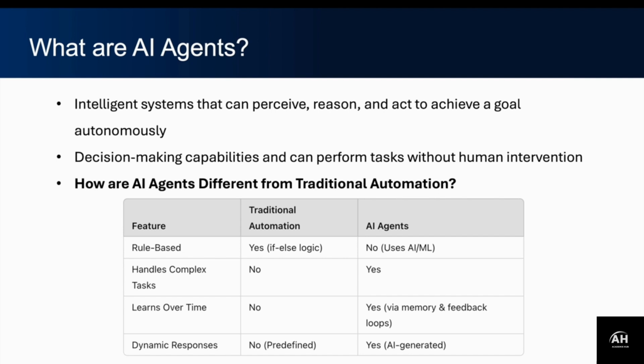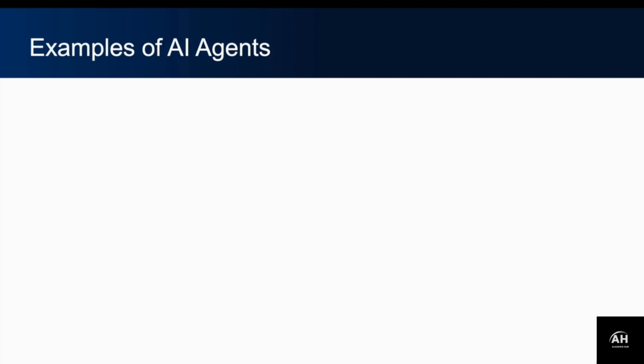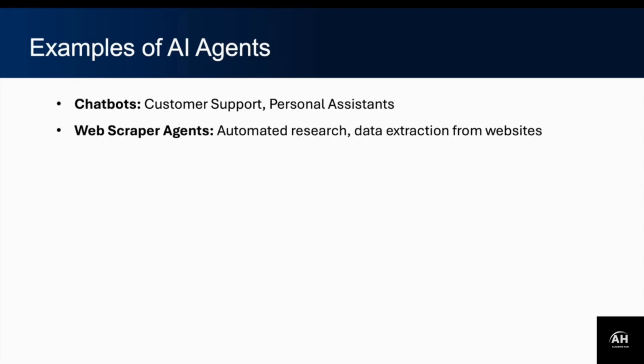Let's look at some of the examples of AI agents. So for special agent types like chatbots, the use cases include customer support and personal assistance. For agent types like web scraper agents, they're used for automated research and data extraction from websites.